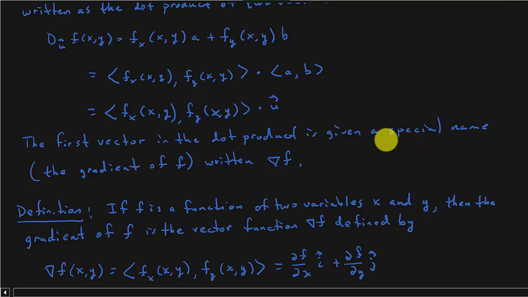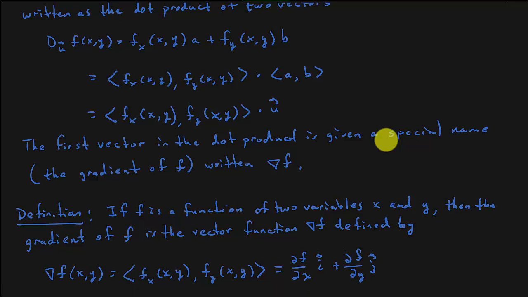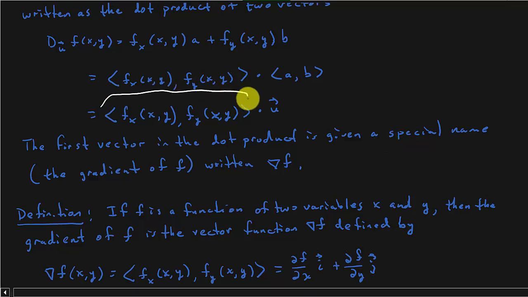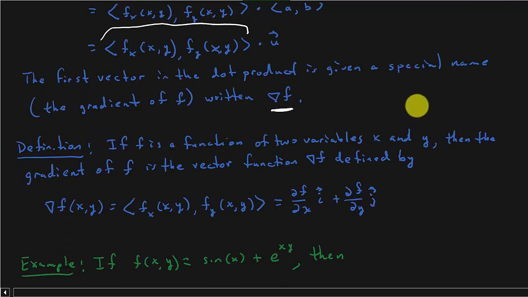All right. So the first vector in the dot product, which is this one right here, is given a special name. It's the gradient of f, and this is the notation we use. So let's look at this definition.